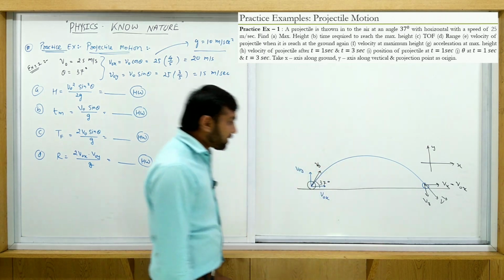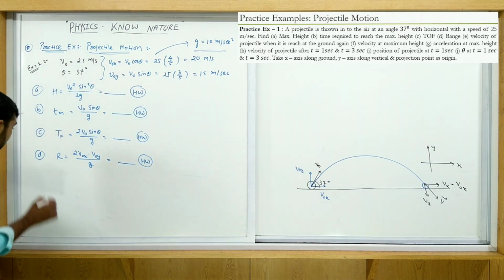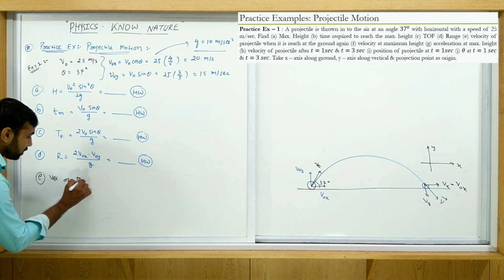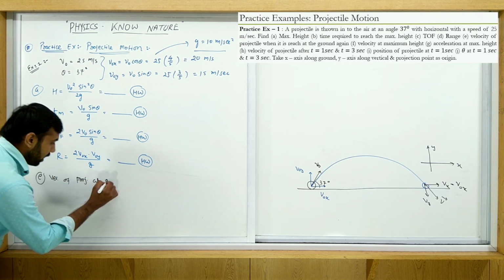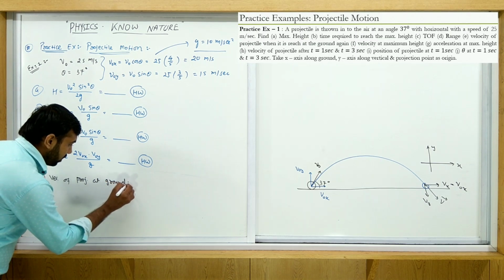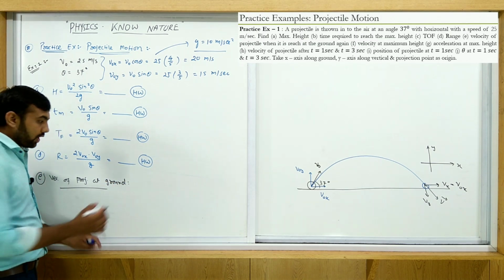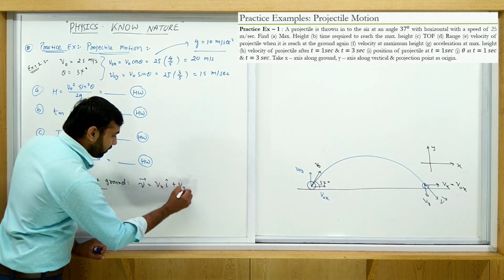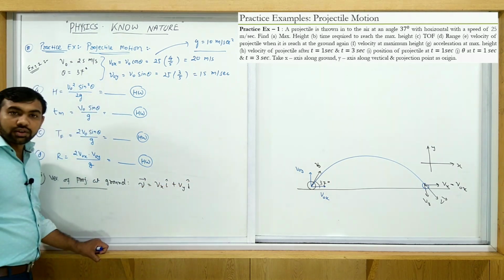So how do we write this velocity at the ground? Next problem, velocity of the projectile at the ground. What is the general equation of this? Velocity is equal to vx i plus vy j.